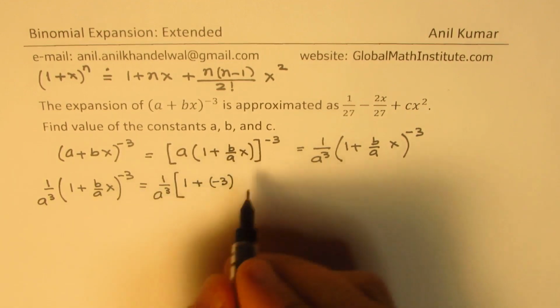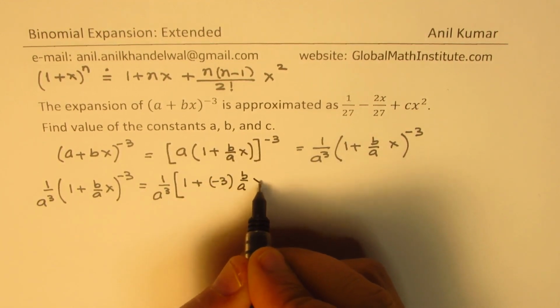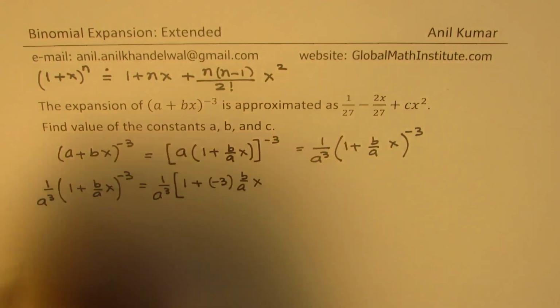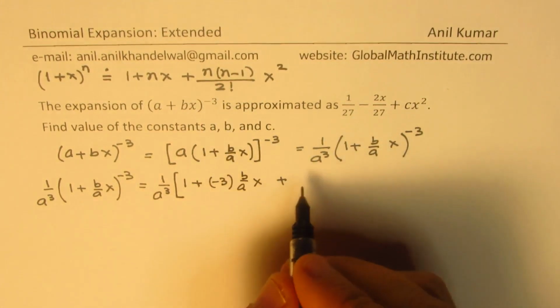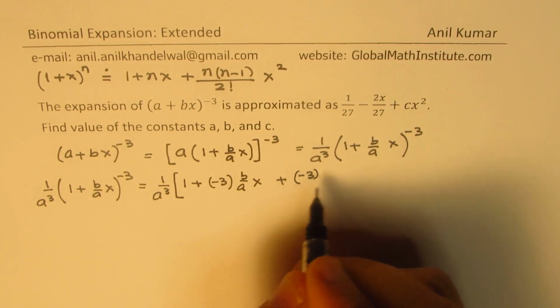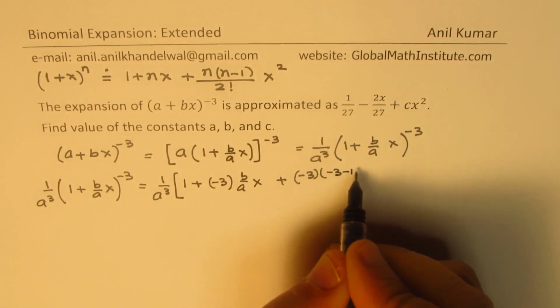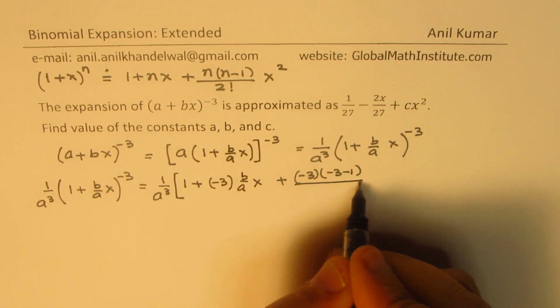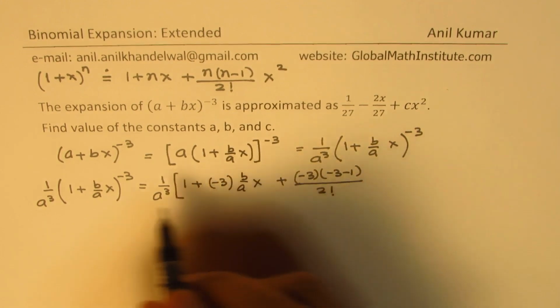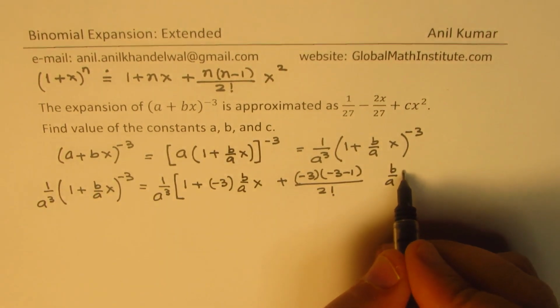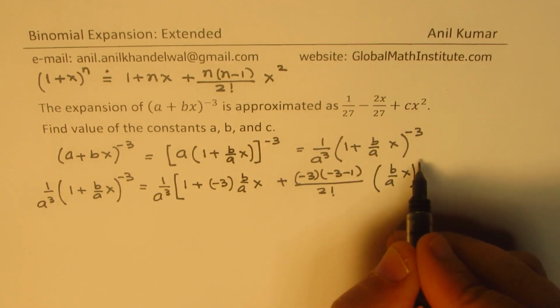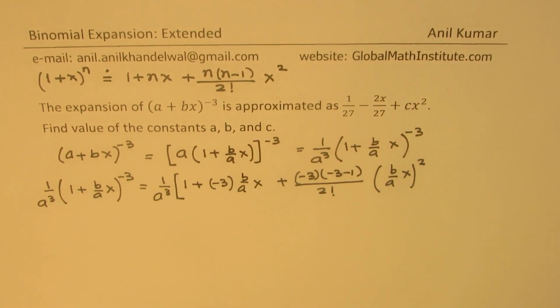X is b by a x. Correct. Plus n times (n minus 1), that is minus 3 times (minus 3 minus 1), over 2 factorial, times the square of all this. That means ((b/a)x) whole square. So that's what you get.